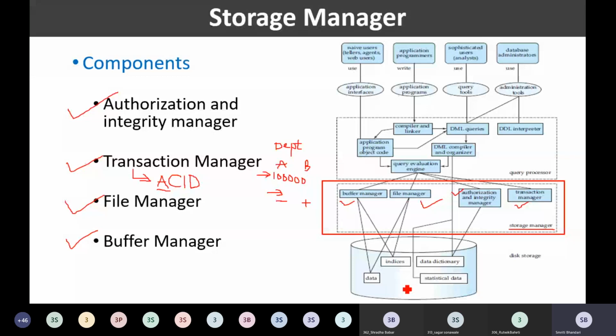I hope you must have understood the different components of the storage manager, and what is the responsibility of each and every component of the storage manager. If you have any doubts, please let me know.